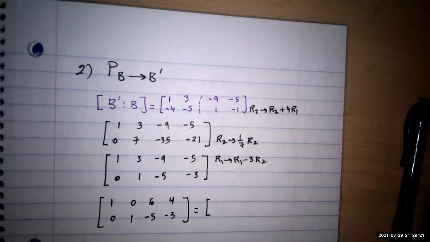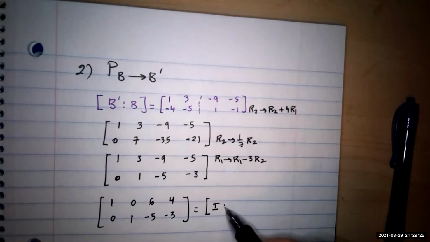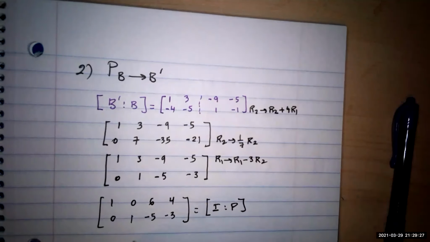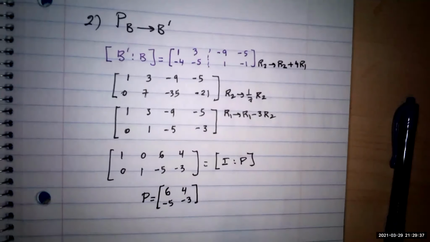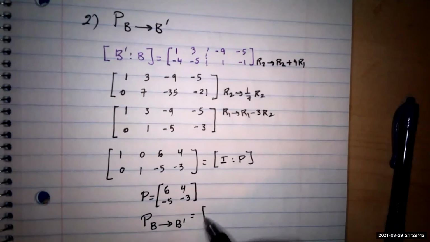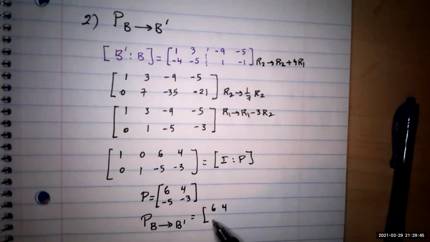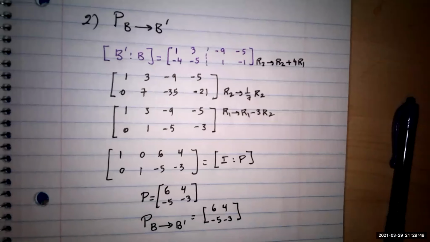So this is going to be the identity and the P. The matrix P is going to be 6 and -5, 4 and -3. This is the inverse of the other one. So this is the P from B to B prime, which is going to be 6, 4, -5 and -3.